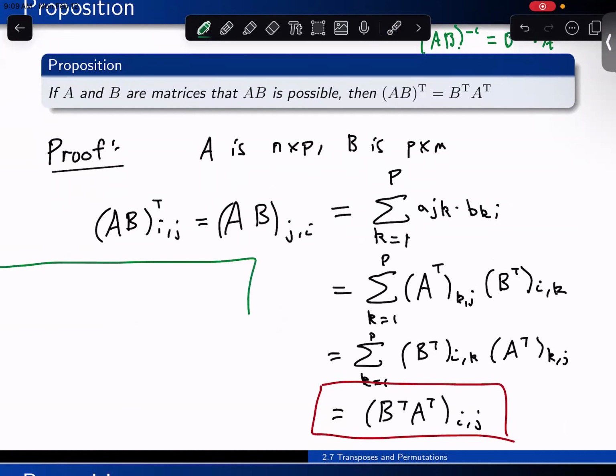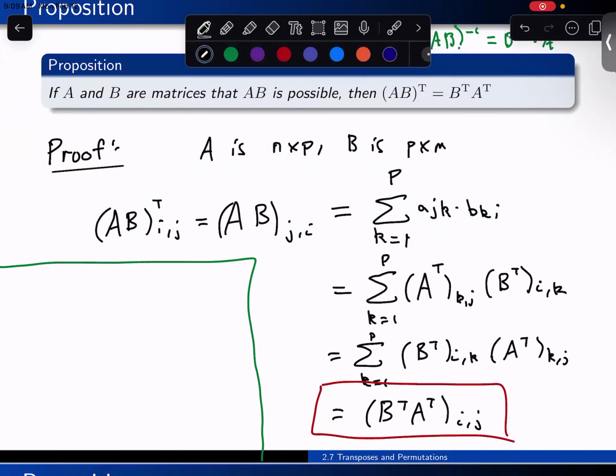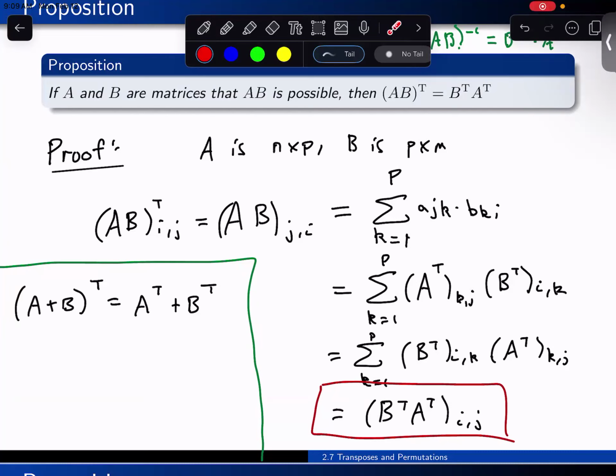I don't have this written down in this presentation, but you should also take note, and this should be intuitive, that if you take the sum of 2 matrices and apply the transpose, it's the same thing as the transpose of A plus the transpose of B. If you took the transpose of these things, all you're doing is switching the rows and the columns of A and B and then adding them together.